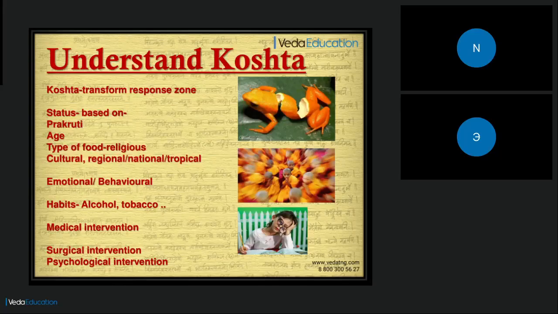It is also influenced by the emotional, behavioral nature of the person, and habits like alcohol, tobacco, etc. Even medical interventions, like surgical or psychological interventions, have a very great influence on this transform response of the koshta.